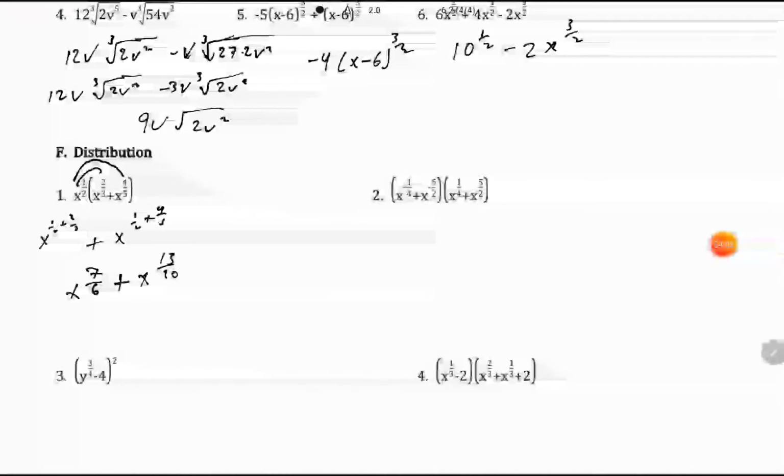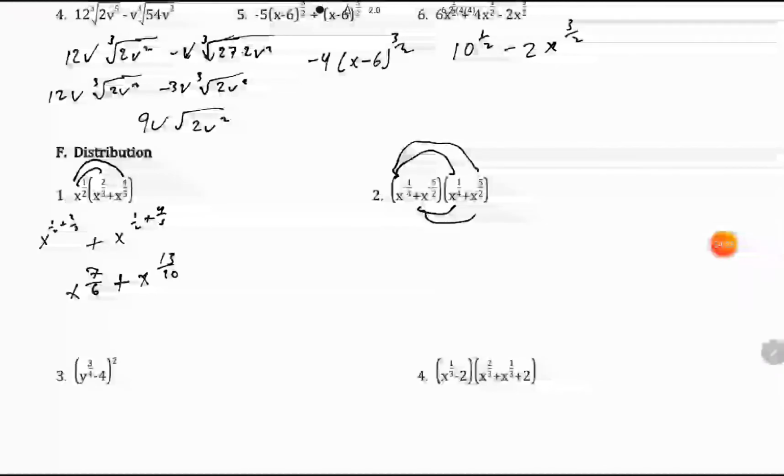FOIL. Isn't this a little much? I feel like I'm killing my students here. Killing myself. Here we go. FOIL. So I'm going to take this times this, this times this, this times this, and this times this.